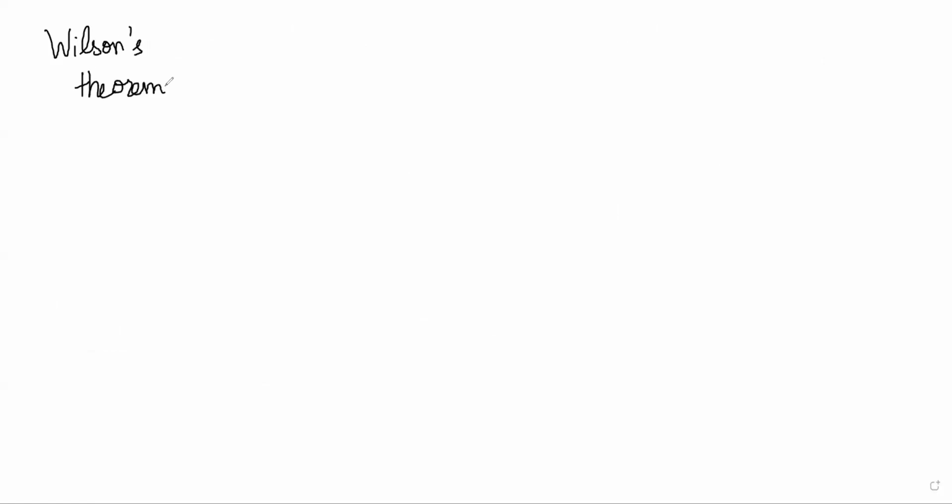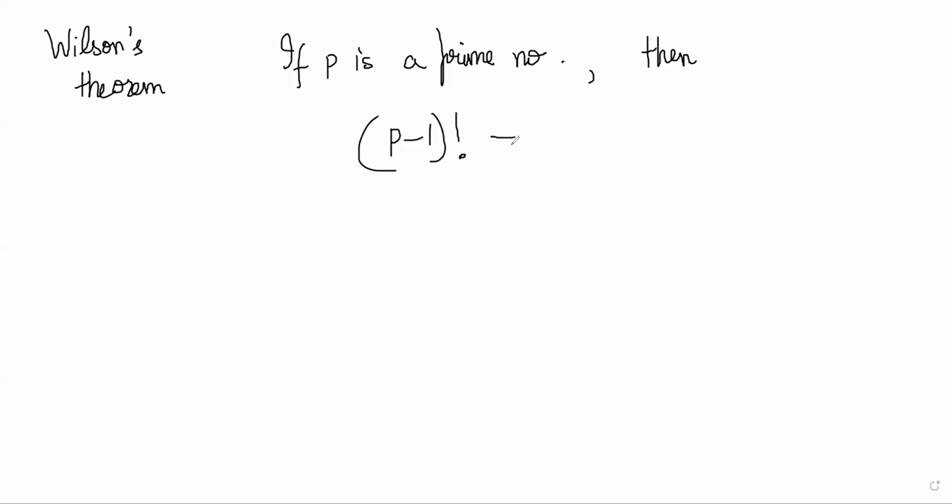So this theorem states that if P is a prime number, then P minus 1 factorial is congruent to minus 1 mod P. The proofs for Wilson's theorem are quite standard, and you will find them in many standard textbooks. You can check it out. I just wanted to conclude with this theorem for this session.